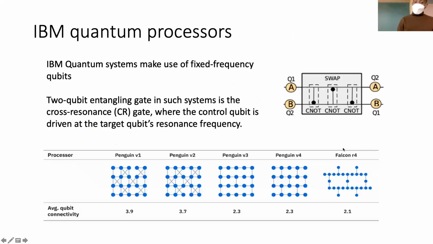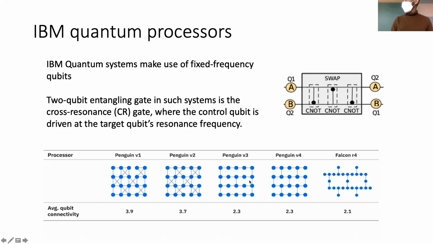Let's see specifically IBM quantum processors. We might have a quantum program that requires application of single-qubit gates and 2-qubit gates. We might not be able to apply a 2-qubit gate due to the sparse connectivity of the hardware.